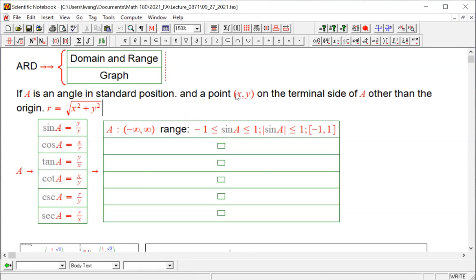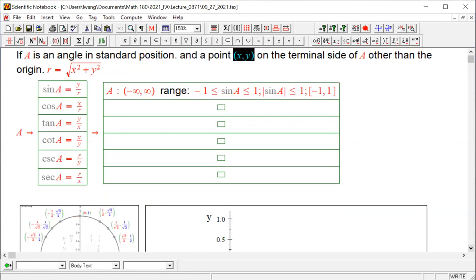And we also understand it doesn't matter where this point is, as long as it is on the terminal. The ratio defined all these different ways is going to be the same. Therefore, because it doesn't matter which point we choose on the terminal, we choose the point on the unit circle.